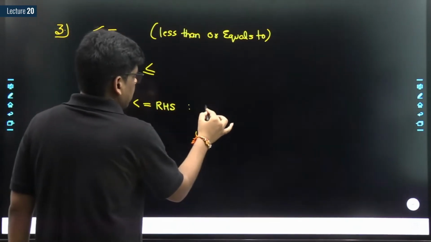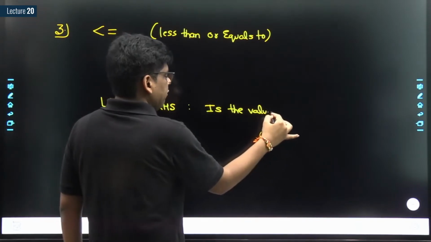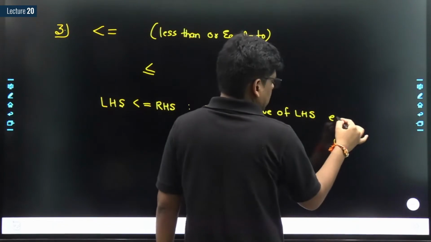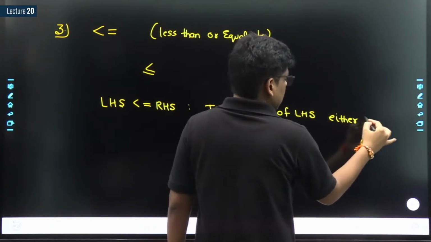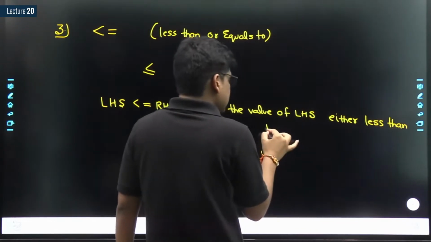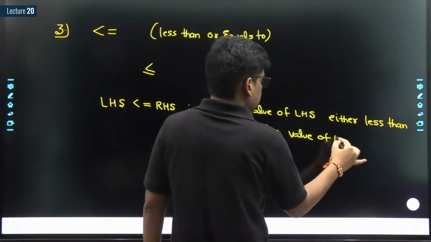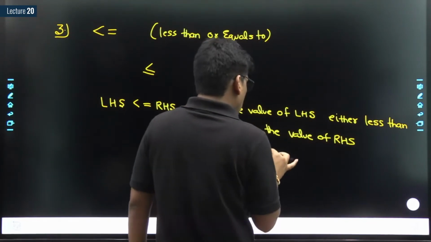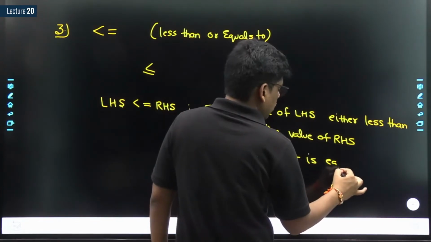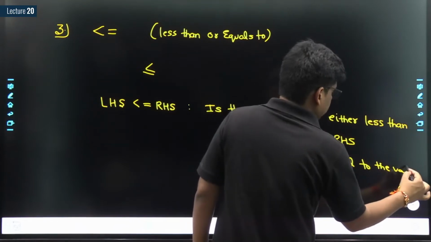What does that mean? Is the value of LHS either less than the value of RHS or it is equal to the value of RHS.